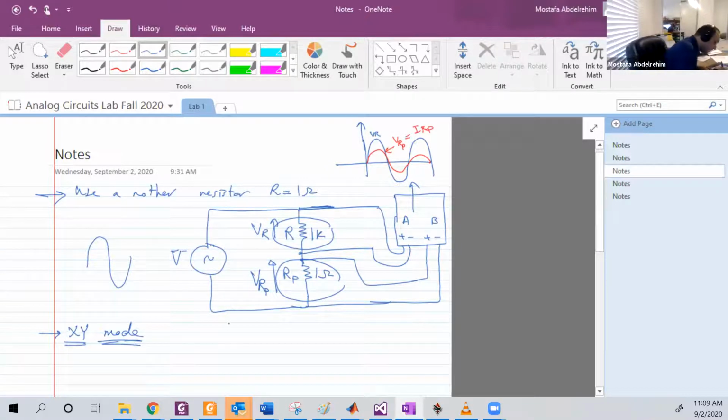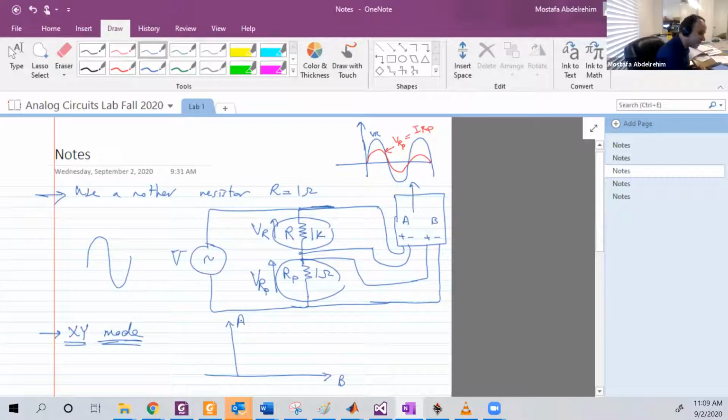It will take, for example, the signal on channel B and put it on the x-axis, and the signal on channel A and put it on the y-axis.